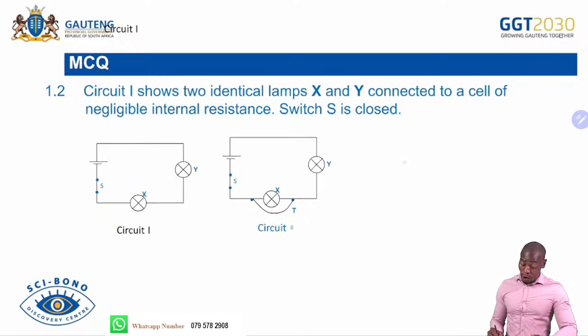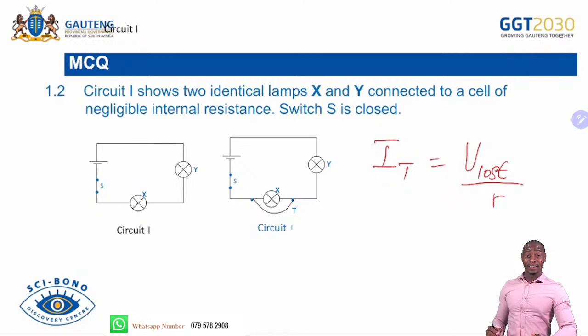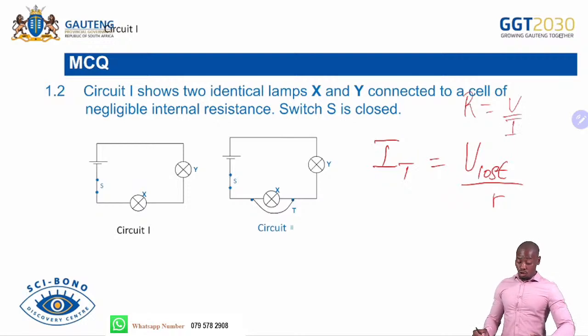I want internal resistance. So I have I total equals to what here? V lost over R internal. Remember, this is from R equals V over I. Okay? So your R now is internal.